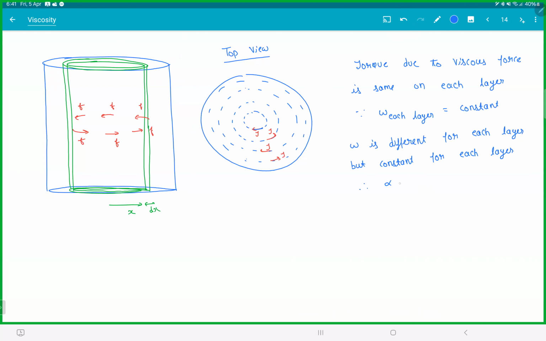So every layer has a different omega, but it is constant for that layer. Therefore, alpha is zero, angular acceleration is zero. Therefore, net torque should be zero. That means on each layer, the torque due to the outer layer and the inner layer should be equal. Is this making sense?